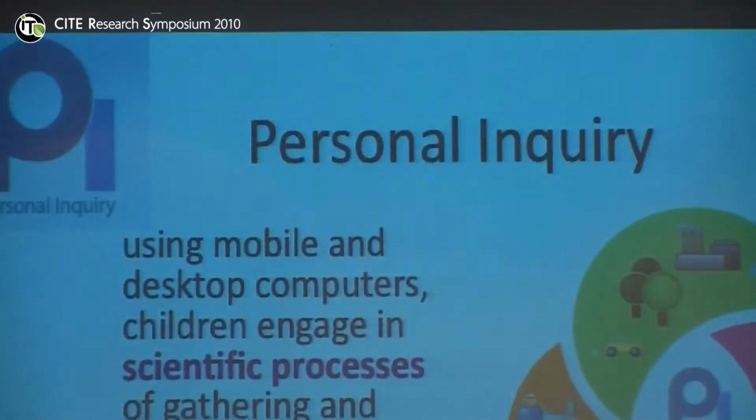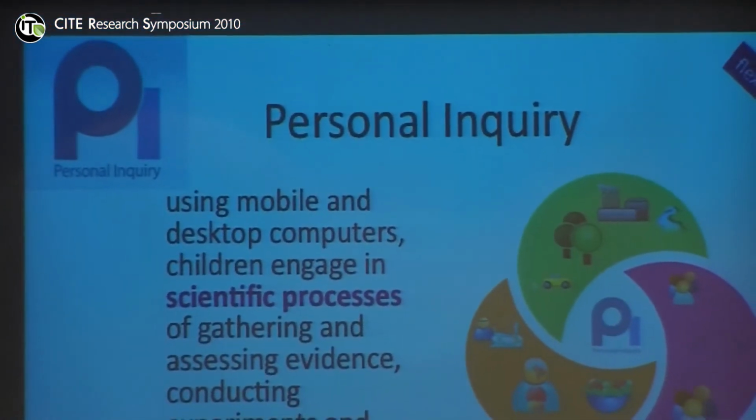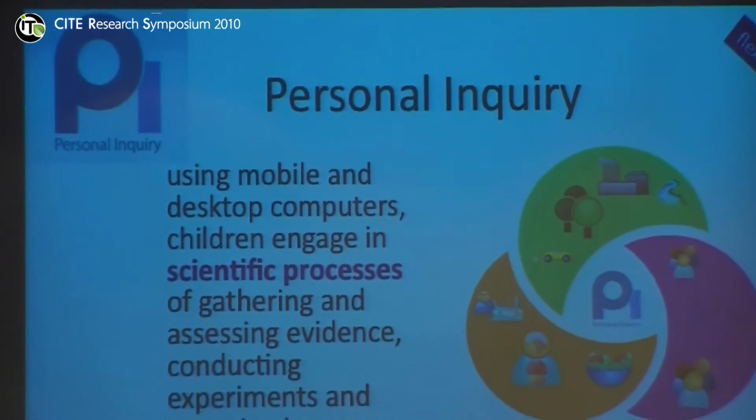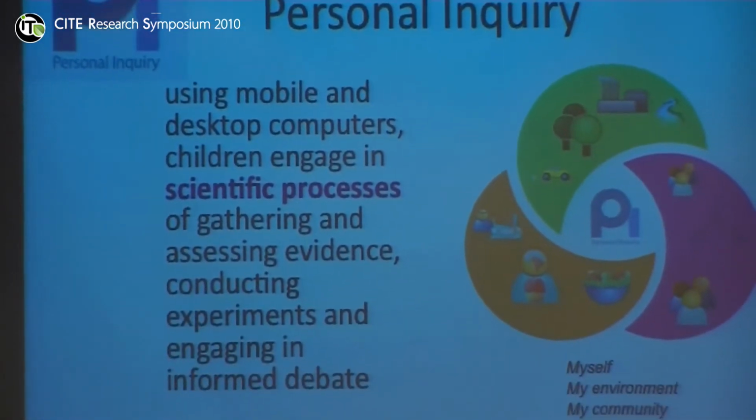Well, I said what flexibility is. Let me give you a couple of quick examples. Yeah, I've got 15 minutes. This is a project that's based in the University of Nottingham in the UK. Professor Mike Sharples, some of you, I know I've heard his name mentioned in one or two contexts in the last day.